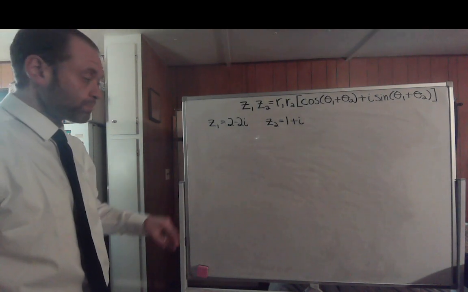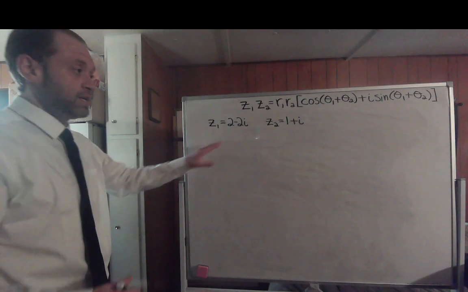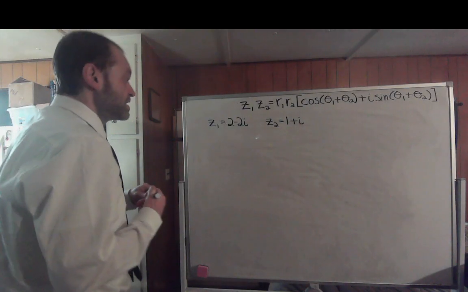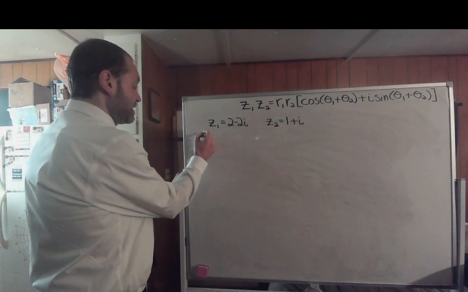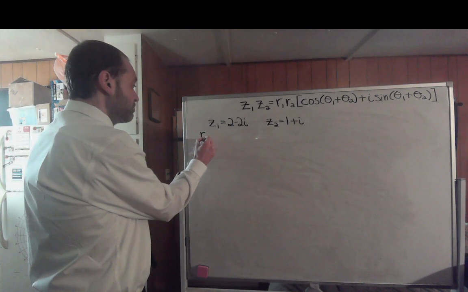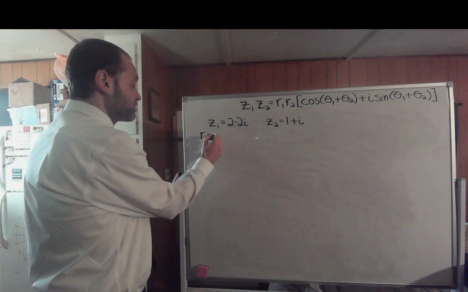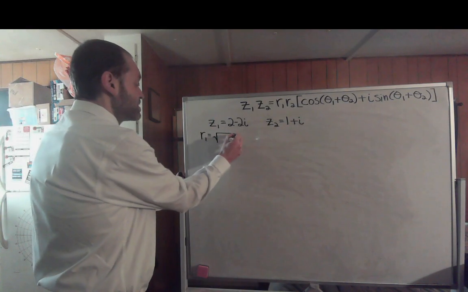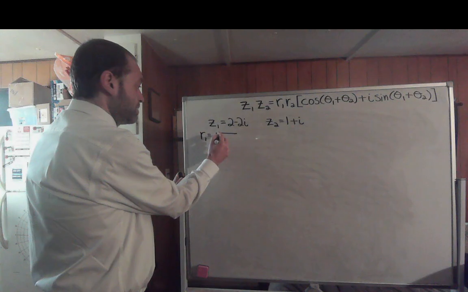So, let's look at z1 here. If we want to find the radius, which we'll call r sub 1, that's equal to the square root of a squared plus b squared.